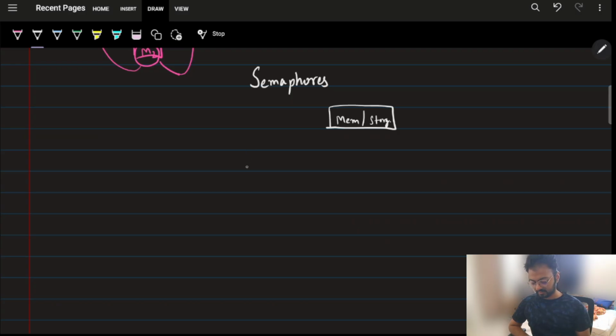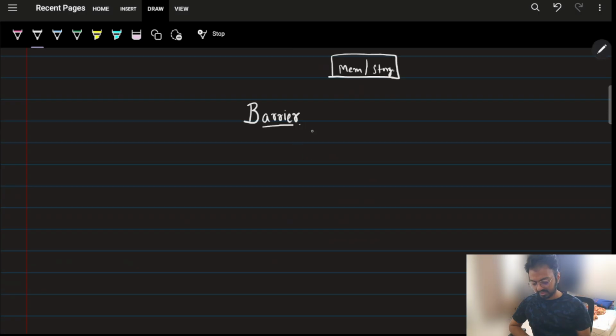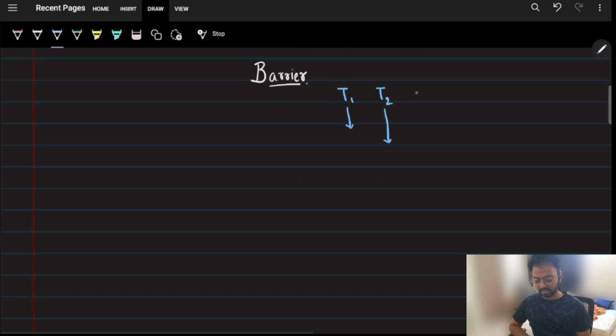Another mechanism that is widely used is called a barrier. A barrier forces the threads to wait until all have reached a specific point before continuing. Let's say there is a thread 1 running some process, a thread 2 also running a process, a thread 3 running a process, and thread 4 also running some process. What happens when we add a barrier?